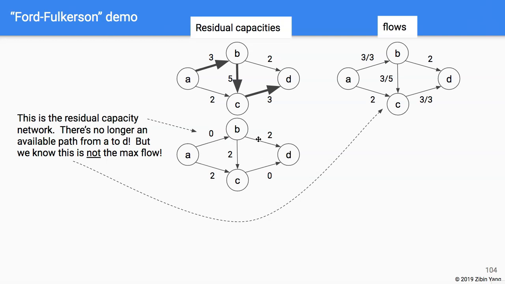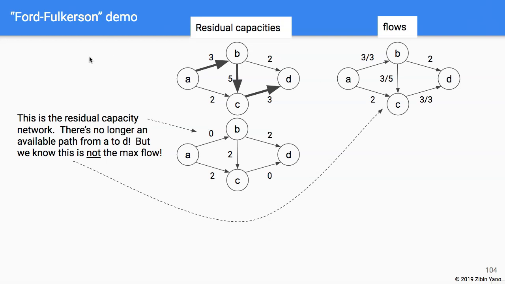And so basically the maximum flow then would be just 3. And we know that is not the optimal, or that is not the maximum flow.